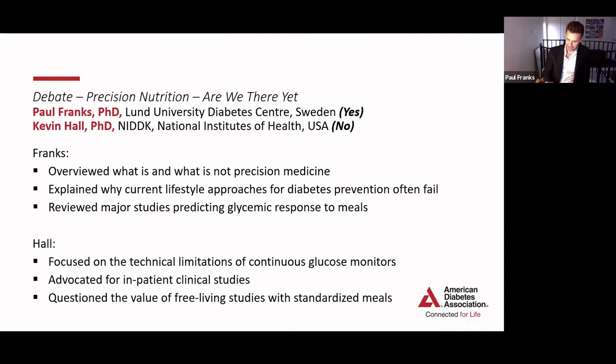Kevin, on the other hand, really drilled down on the technical limitations of continuous glucose monitors. He highlighted that they can be quite noisy, both in terms of error and bias.